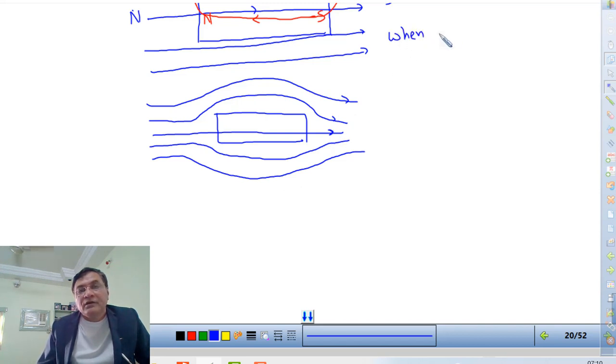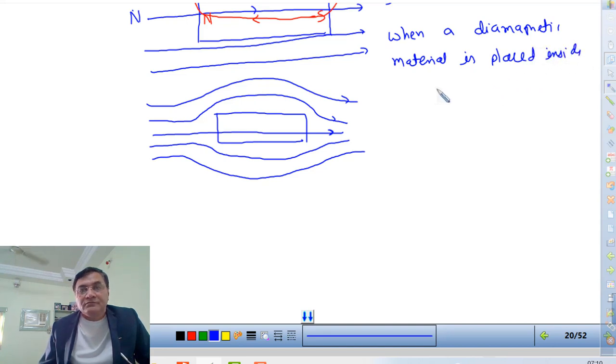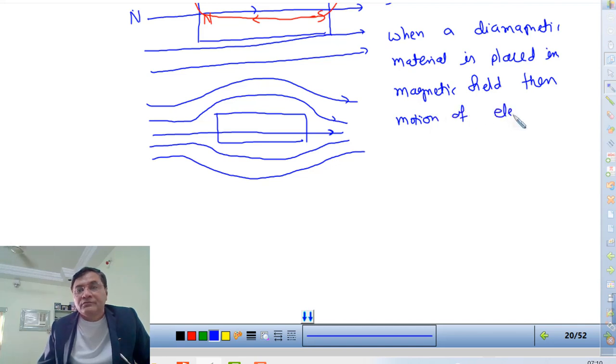So when a diamagnetic material is placed in a magnetic field, then the motion of electrons is changed, so that it possesses a magnetic moment.